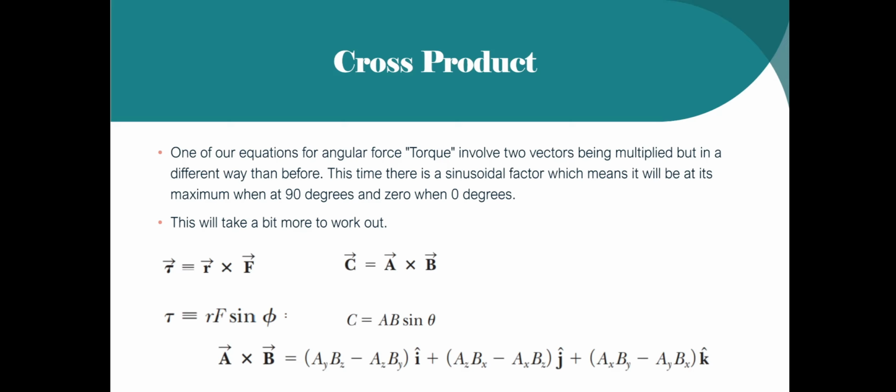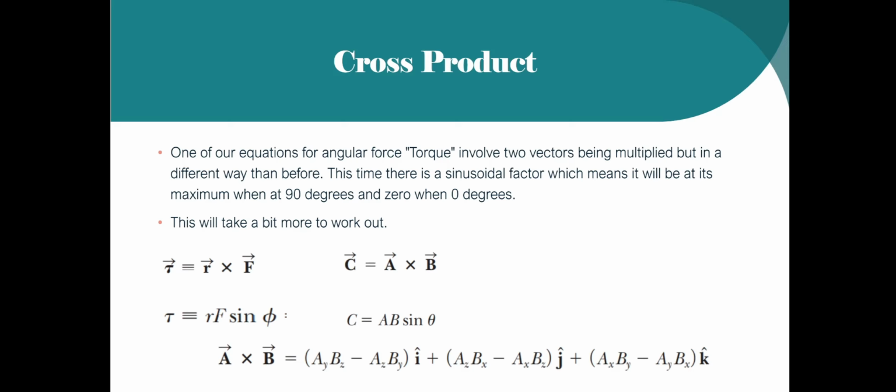In this angular representation of it, they're related with a sine function. So it's not quite the same. We still have two vectors that are being multiplied, but this time it's with a sinusoidal function. So it's different than it was before.